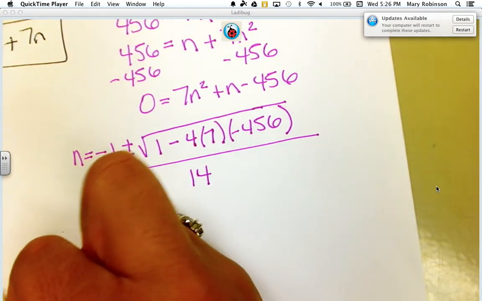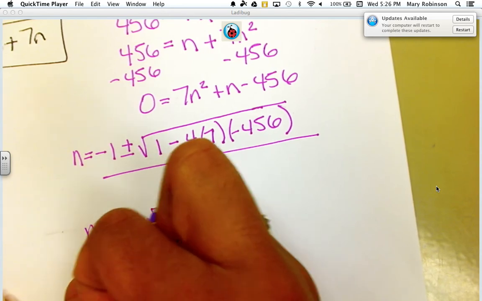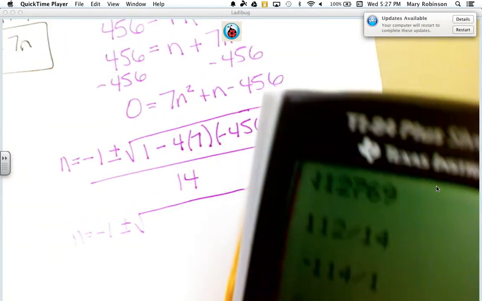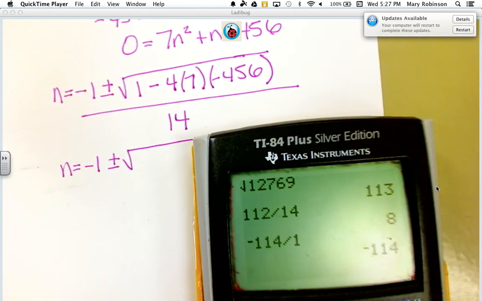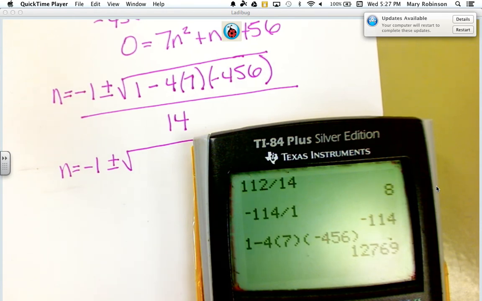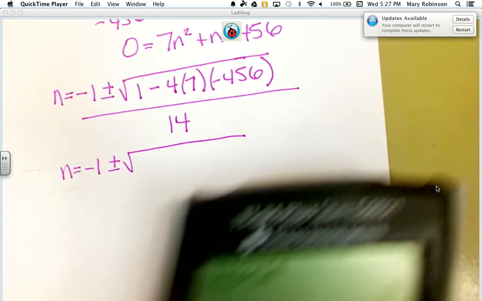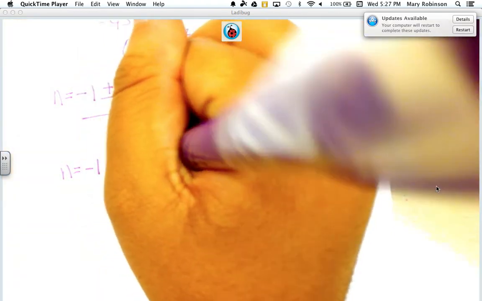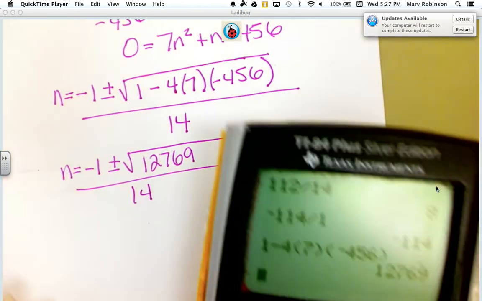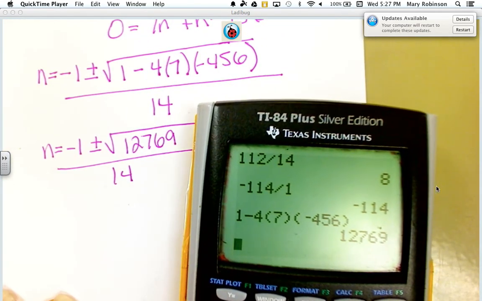I type in 1 minus 4 times 7 times negative 456, and I get 12,769, over 14.